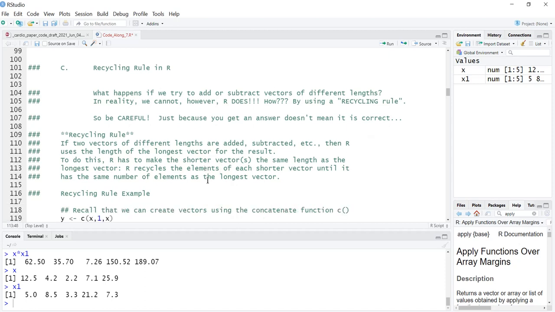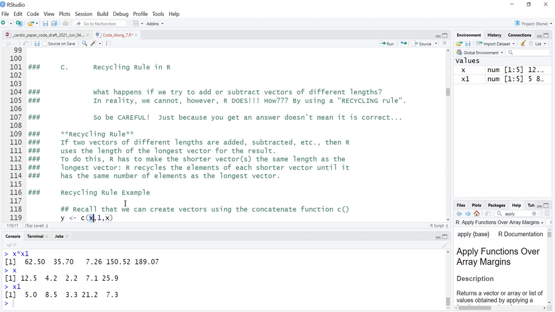So let's take an example. If you remember, we can create a new vector by concatenating old vectors. So here's an example. I'm going to take the vector x, 12.5, 4.2, etc., and put it together with the number 1 and with itself. And so they're just going to stack these on top of each other, okay?